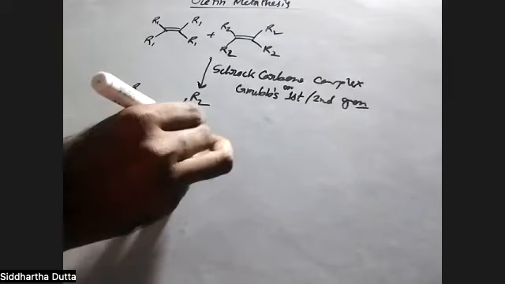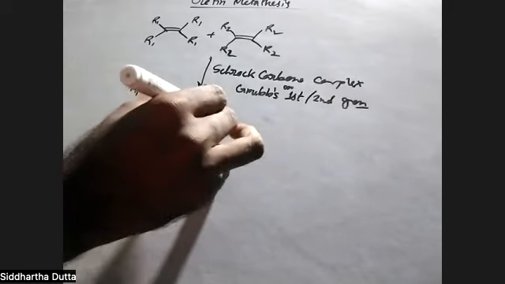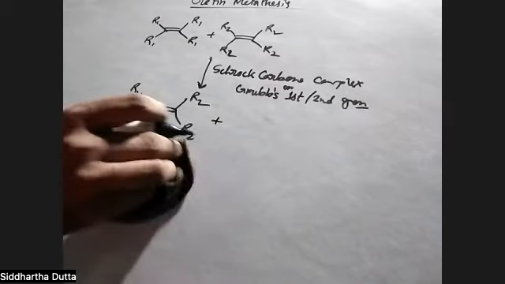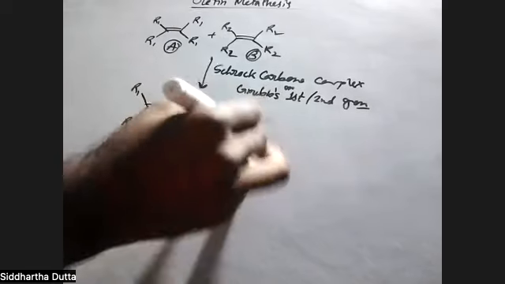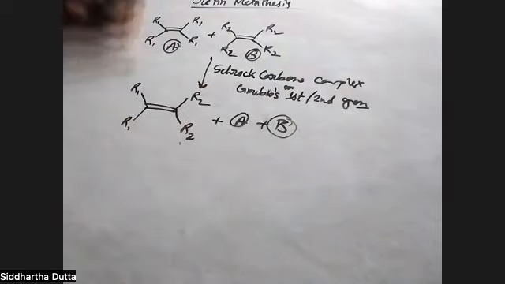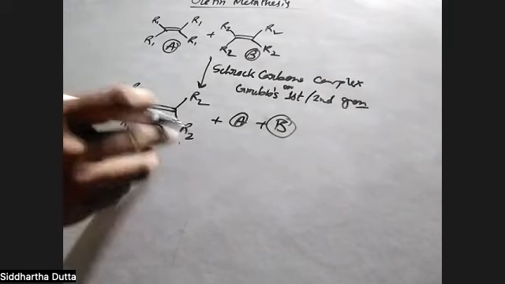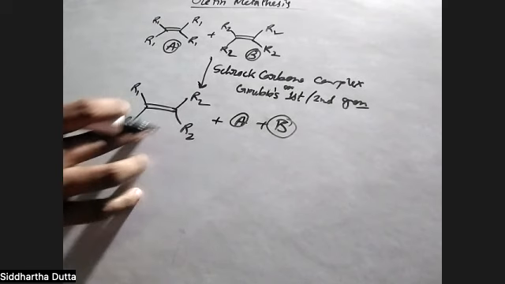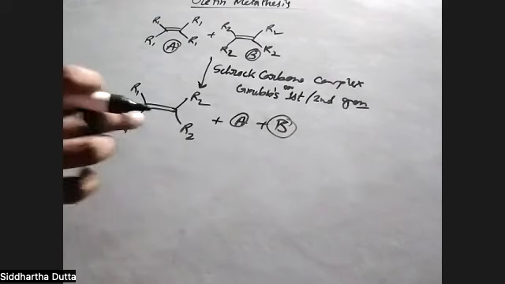This is the rearranged product, and if I say this is A and this is B, so also A and B. So this rearrangement of substituents is what we call olefin metathesis, and mainly Schrock carbenes and Grubbs catalysts are responsible for this type of olefin metathesis.